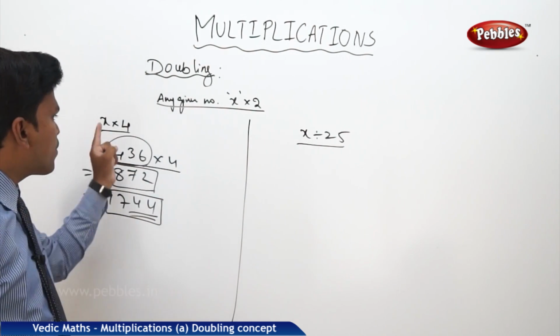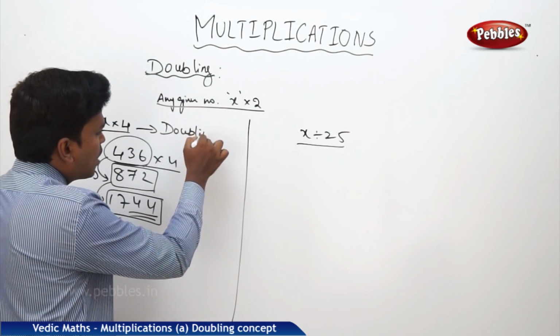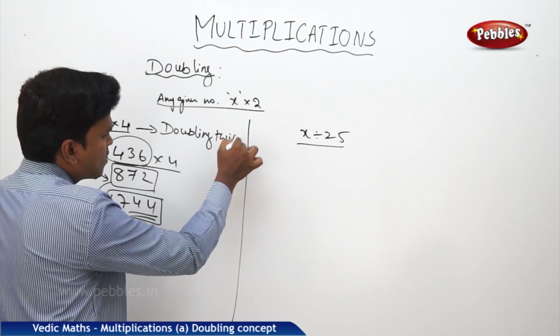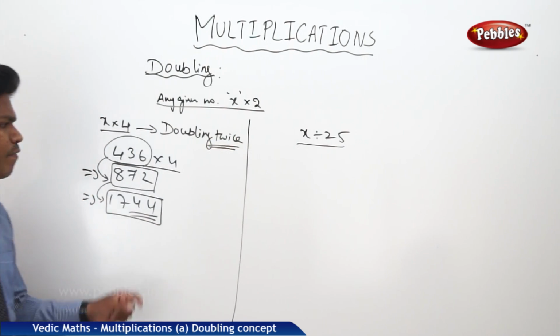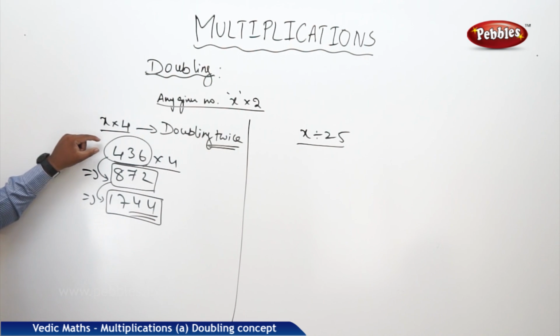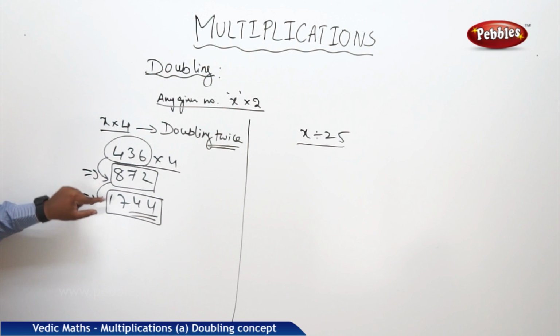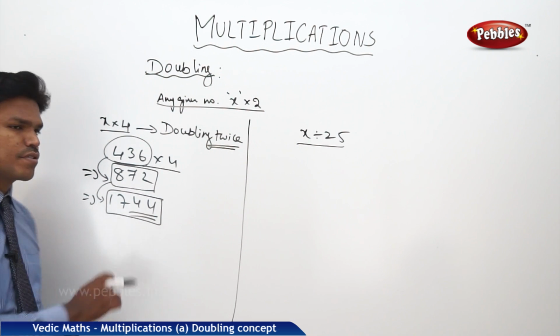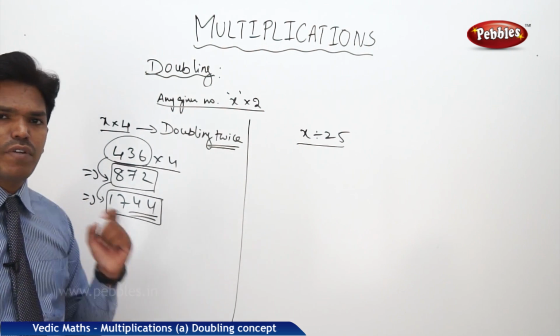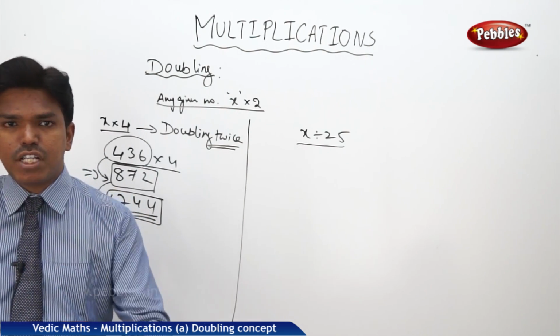That means multiplication by 4 is nothing but doubling twice. So when you want to multiply 436 into 4, just double 436 twice. 436 double is 872 and 872 double is 1744. This will be your answer. No need of going for the conventional multiplication. Just double the number twice as fast as possible.